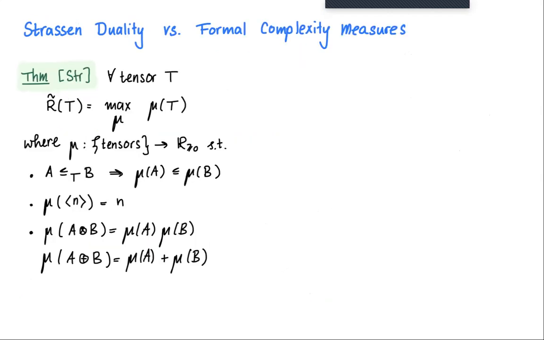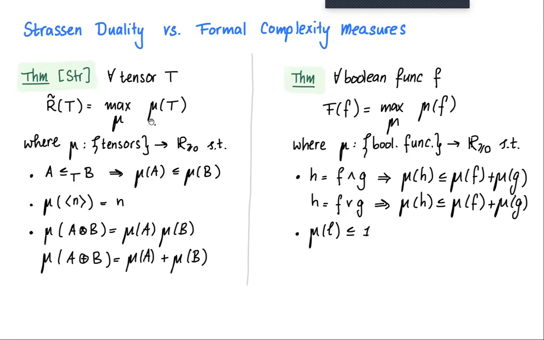So what we're seeing here is that on the one hand, we have this Strassen duality that I explained first, where we write this asymptotic rank as a maximization over these special functions mu applied to our tensor.